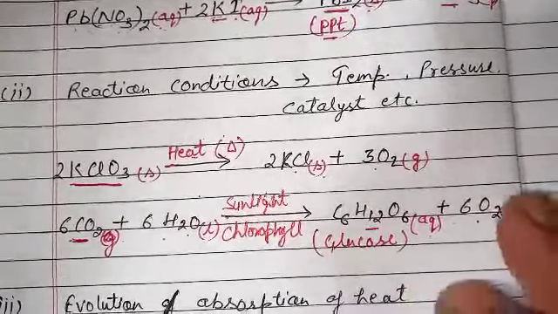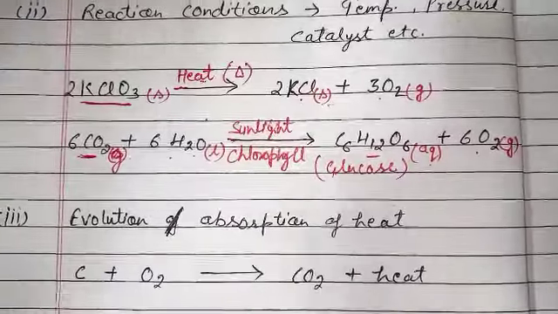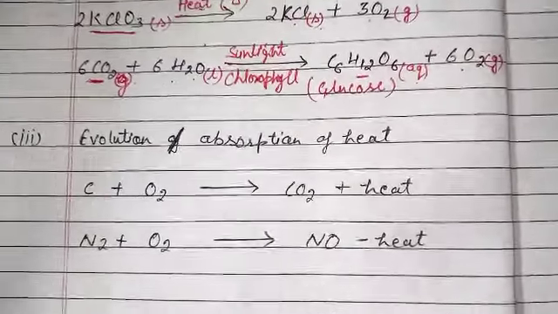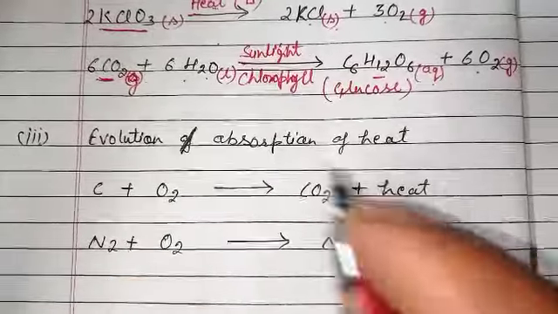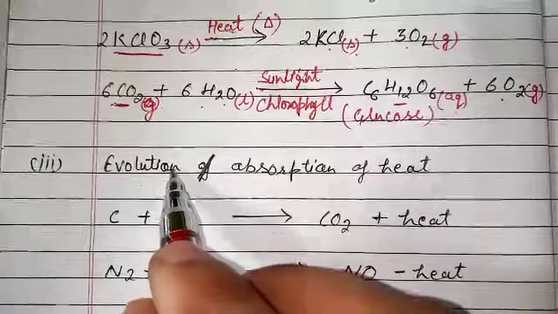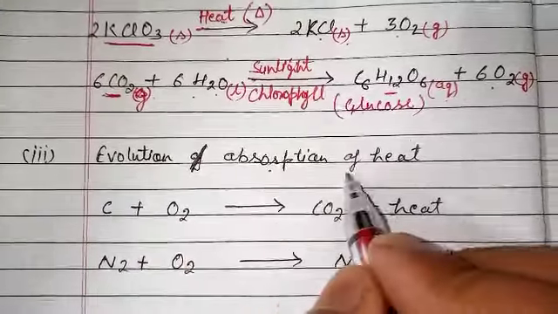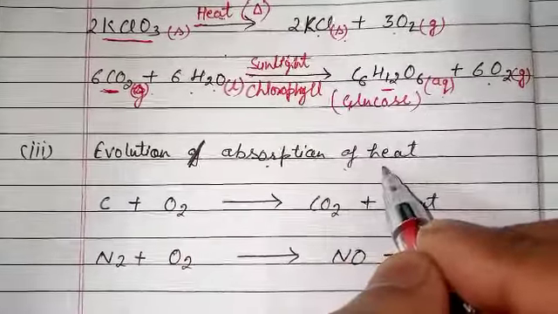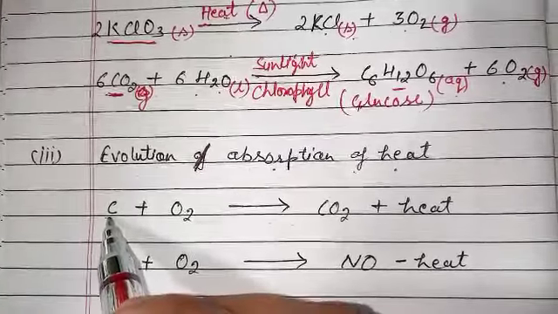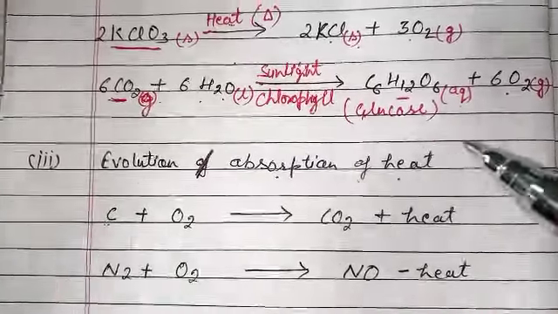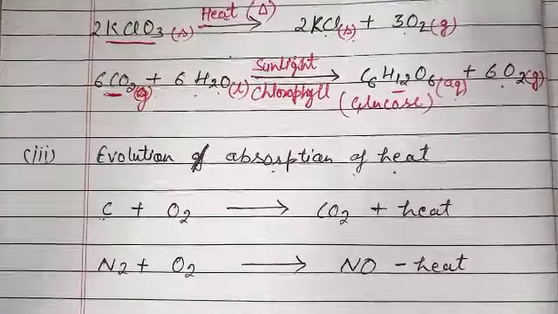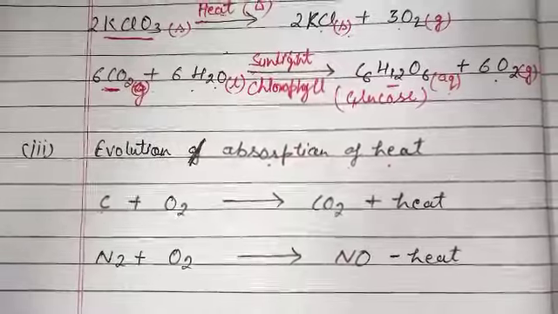Clear? So this is some special condition that takes place during the process of a chemical reaction. Similarly, there is a third fact, that is the evolution or absorption of heat during a chemical reaction. Sometimes in many chemical reactions heat is evolved and sometimes heat is absorbed, and then the chemical reaction will take place.